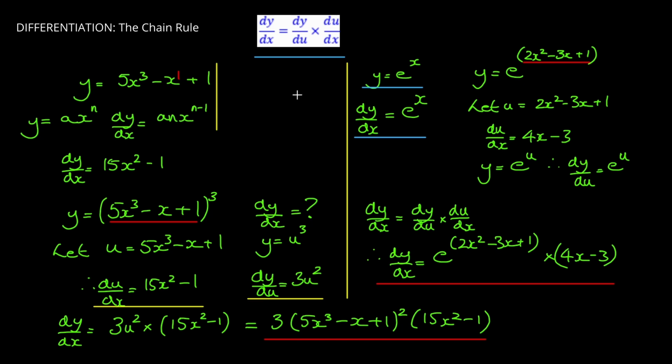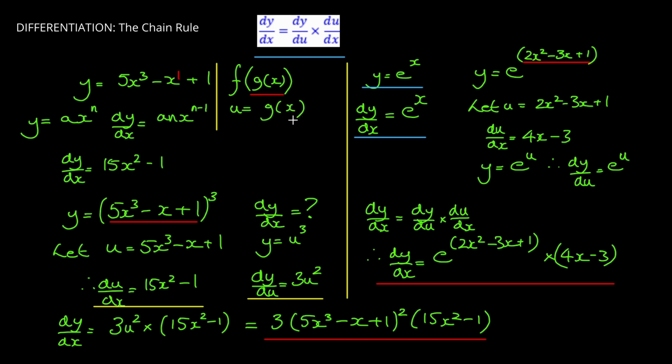So in the tiny space I've got left, let me write what we've done in terms of function notation. So I'm just rewriting the chain rule in terms of f and g. A composite function can be written down in fg notation as f of g of x. And g of x here is our inner function. u is equal to g of x.